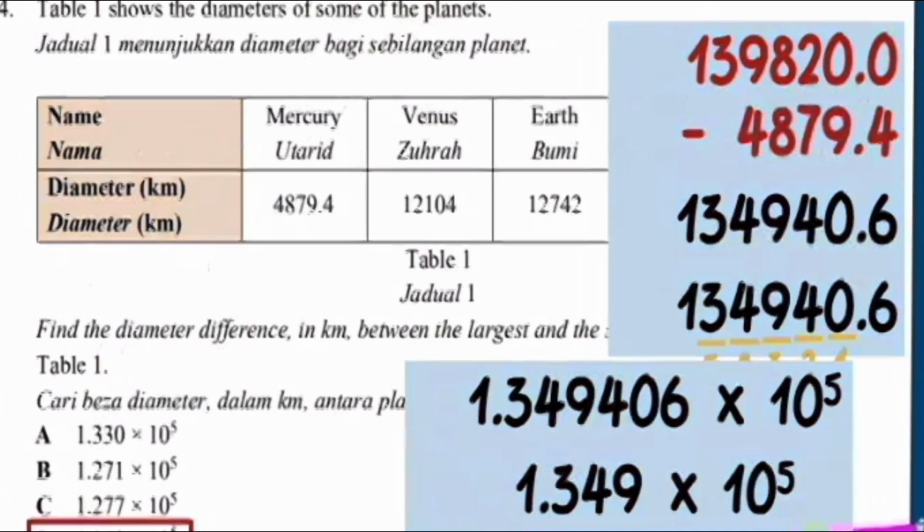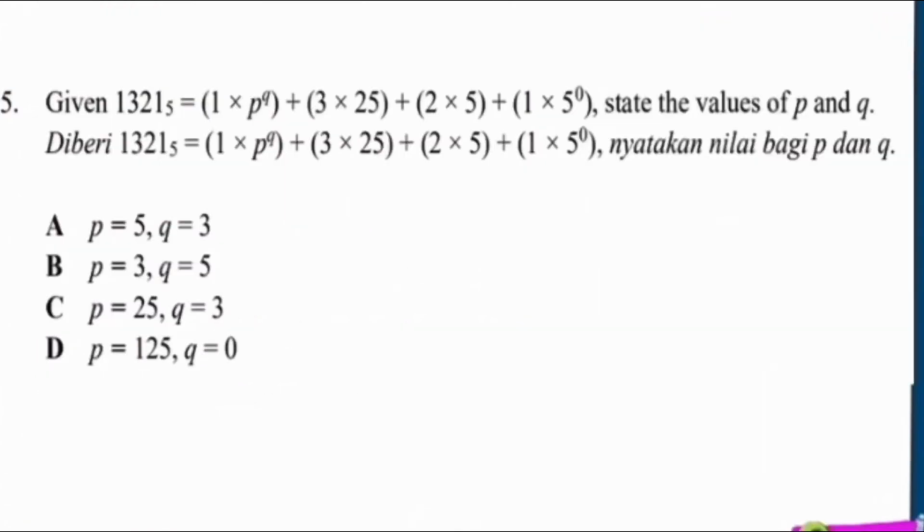Given that 1321 base 5 is equal to 1 times p to the power of q plus 3 times 5 squared plus 2 times 5 plus 1 times 5 to the power of 0. State the values of p and q.